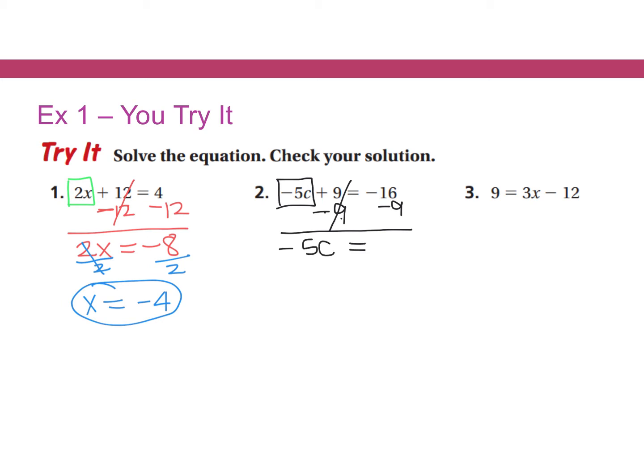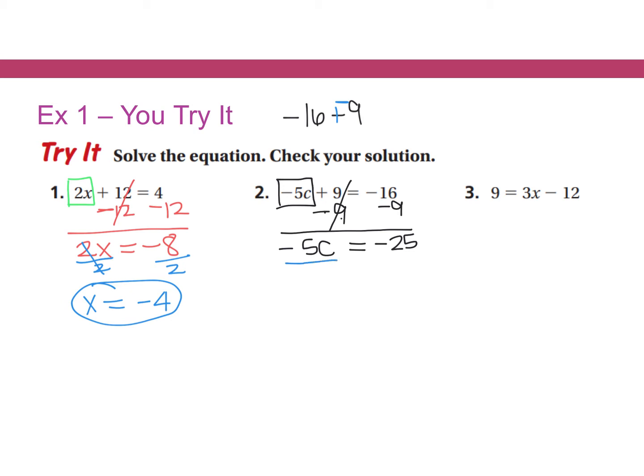And I now have negative 16 minus 9. Remember, negative 16 minus 9 is really the same thing as adding another negative. So that means I really have a negative 25 here. Now I have negative 5c equals negative 25.